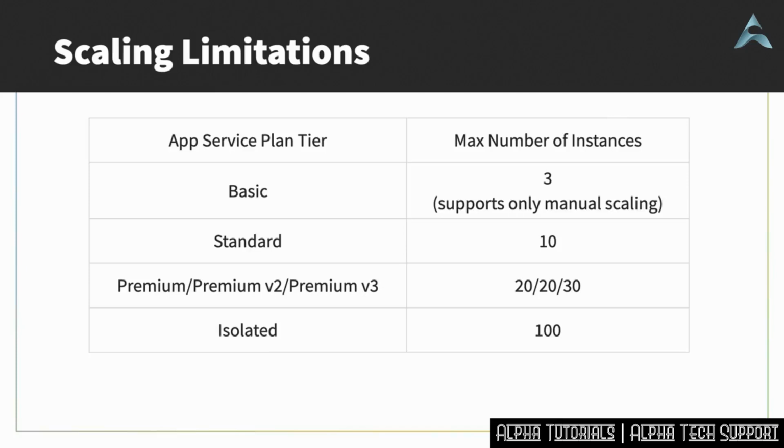Then we have Premium V2 and V3, which in V3 we can go up to 30 instances. And then we also have the Isolated tier that can go up to 100 instances. So a really big number already of instances that you can have. Even 30 is pretty good.